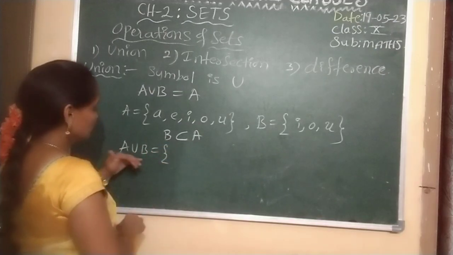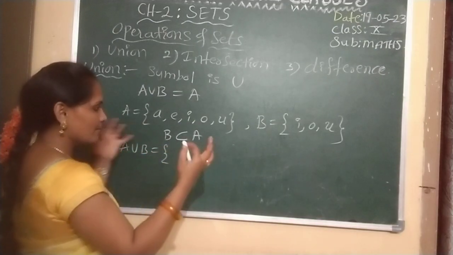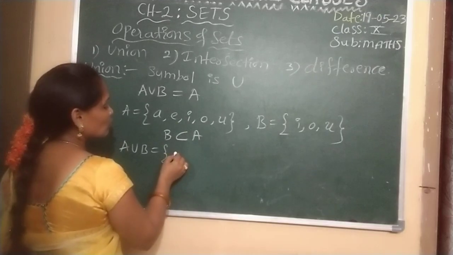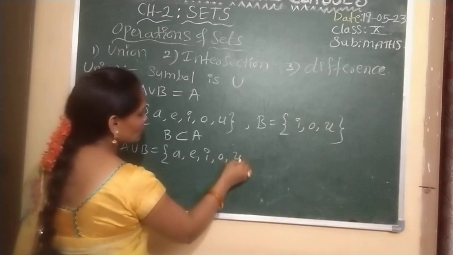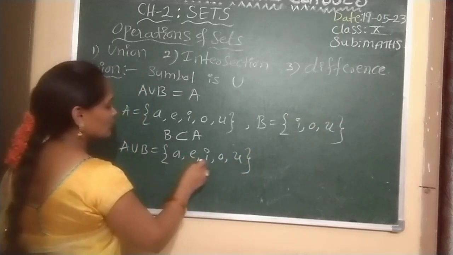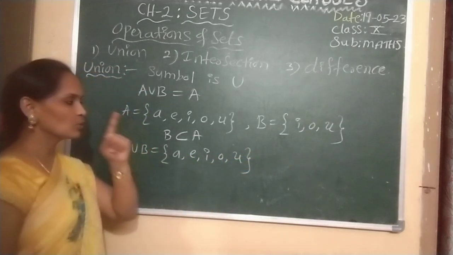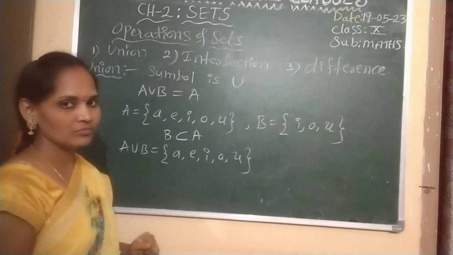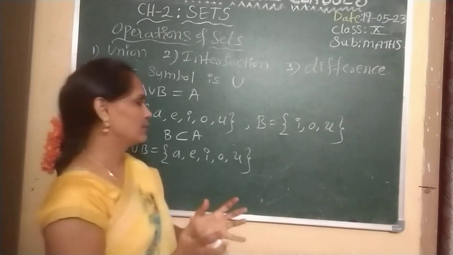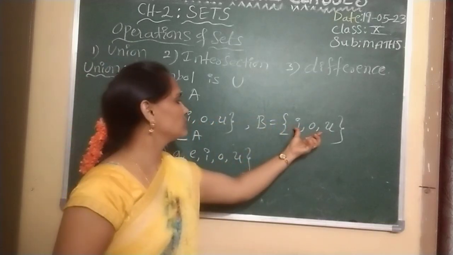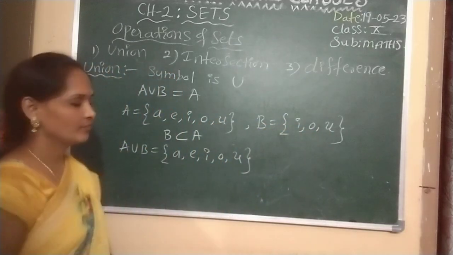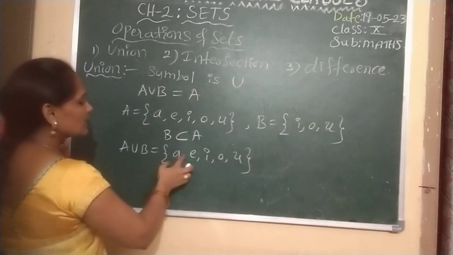Now I am doing A union B, means combining those vowels together: A, E, I, O, U. Repeated terms we take only one time. That is the note point, remember. The same alphabets you write only one time. Now, what is A, E, I, O, U?